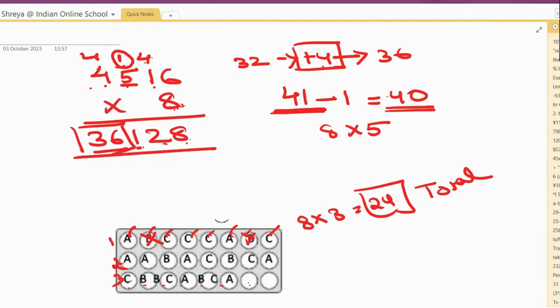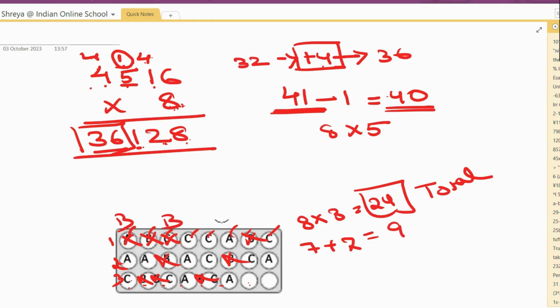So 1, 2, 3, 4, 5, 6, and 7. 7 already exist, and 2 more B's should be added. Let's say in place of this A, 1 B is coming up, and in place of this C, another. So 7 plus 2, total 9 B's will be there.